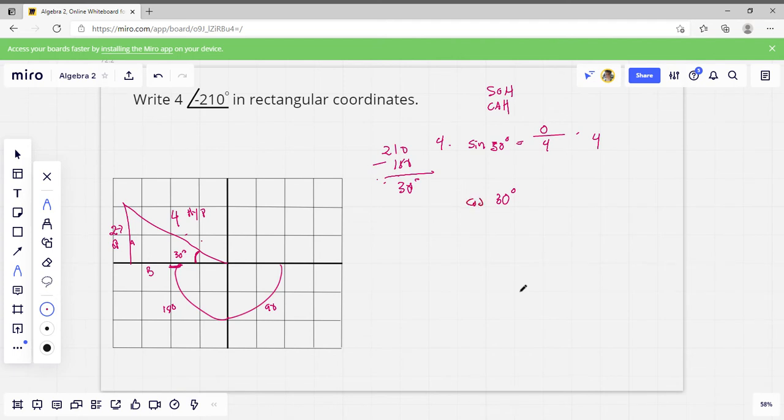Cosine of 30 degrees equals adjacent over the hypotenuse. Adjacent, we don't know. That's down here. Our hypotenuse is 4. So then we multiply times 4 on both sides. So we find the cosine of 30 degrees and multiply that times 4. And that actually comes out to 3.46.